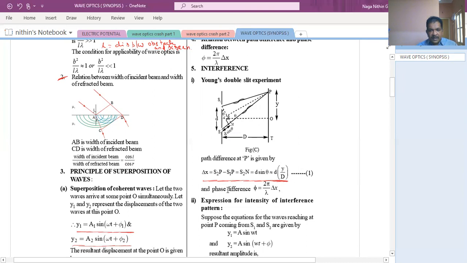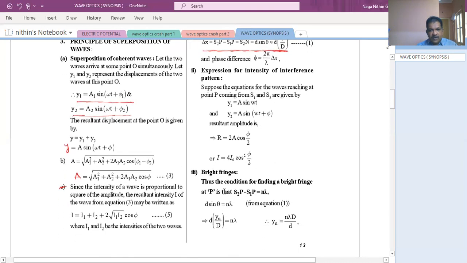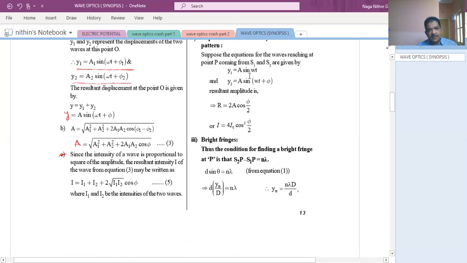Next, here two waves are mixing. The first wave has displacement a sin omega t. Another wave has displacement a sin(omega t plus phi). When these two waves are mixed with each other, the resultant wave amplitude will be 2a cos(phi by 2).